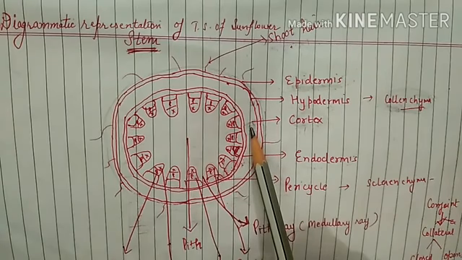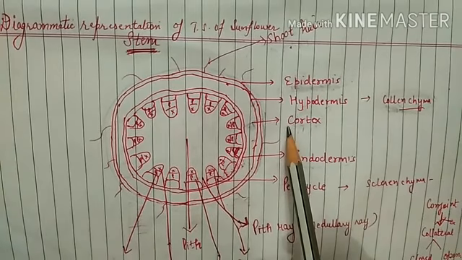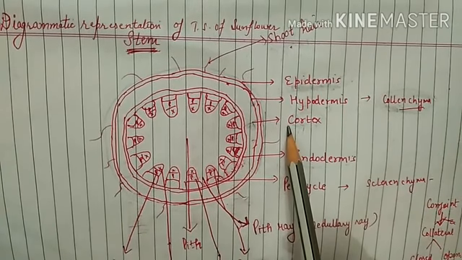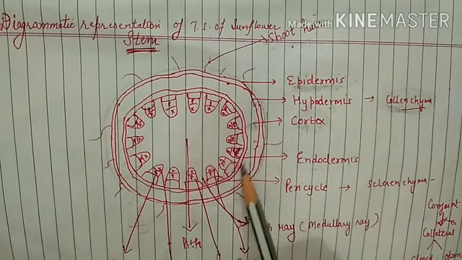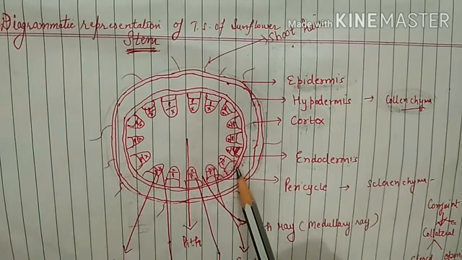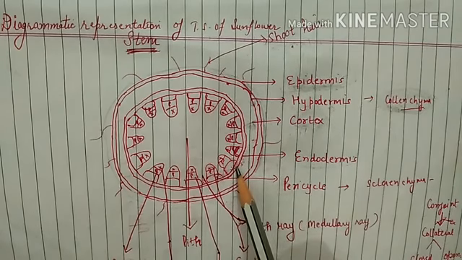Then coming next to endodermis. So endodermis is just below the cortex, and here again we will observe that the cells are barrel shaped, and there will be no intercellular space present, similarly as in roots.